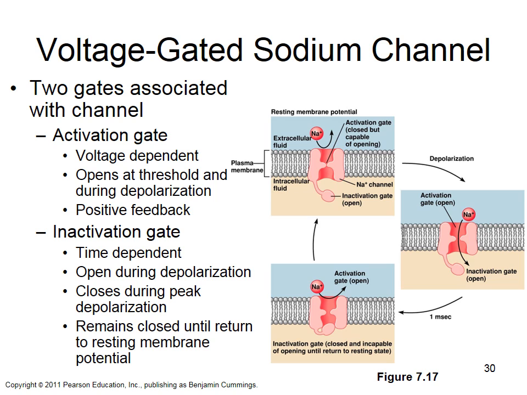But a millisecond after the voltage gate opens, the inactivation gate swings shut. So those sodium channels only stay open for a millisecond, and as soon as the inactivation gate shuts, no more sodium can enter.